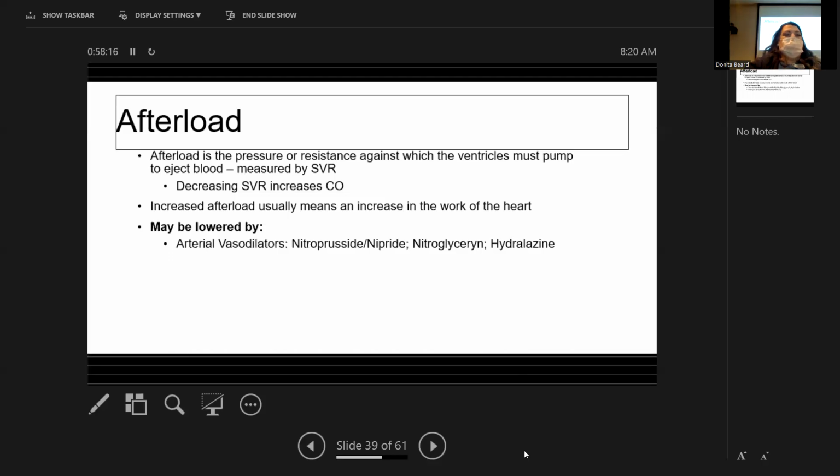So you can lower afterload with vasodilators: Nipride, nitroprusside, nitroglycerin, hydralazine. The two inotropes that will lower afterload are dobutamine and milrinone. That's why they can cause hypotension. Milrinone in particular, because it's much more slowly excreted. It's also renally excreted, and a lot of our patients have renal failure.